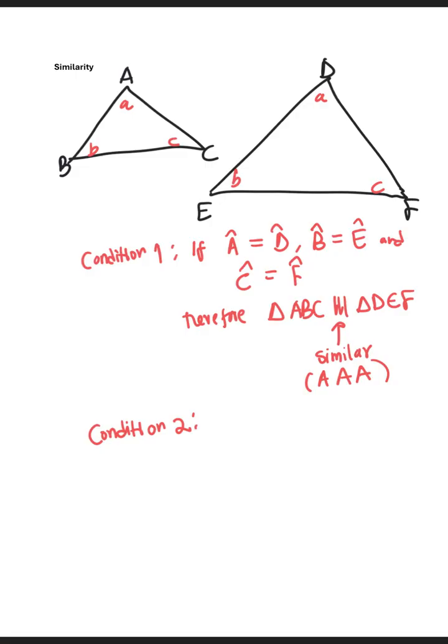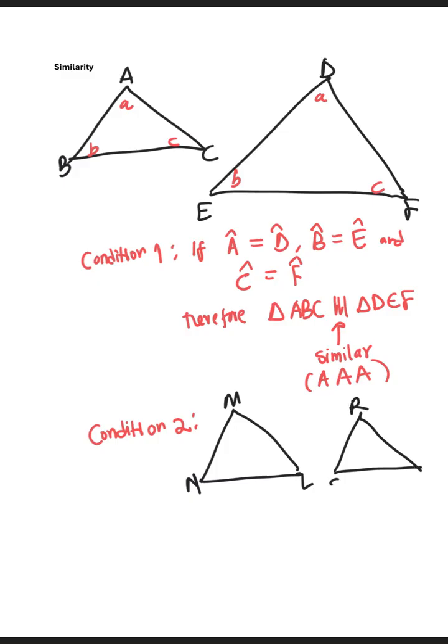And then condition 2, it means is when we have 2 triangles, M, N, L, then I have another small triangle here, which is R, S, T, right?